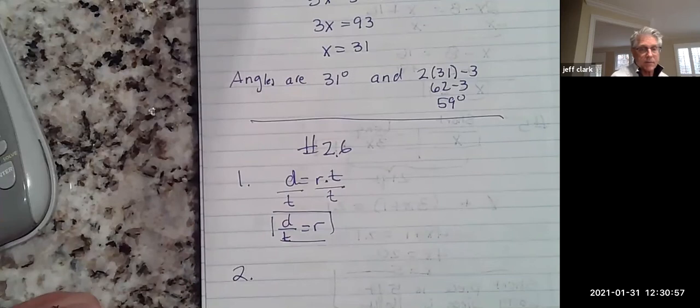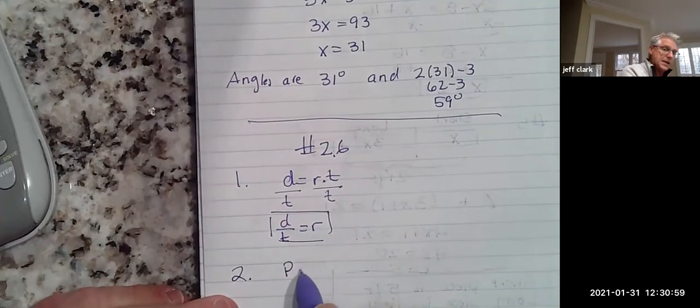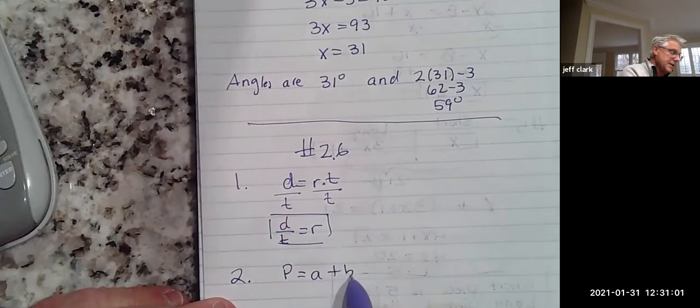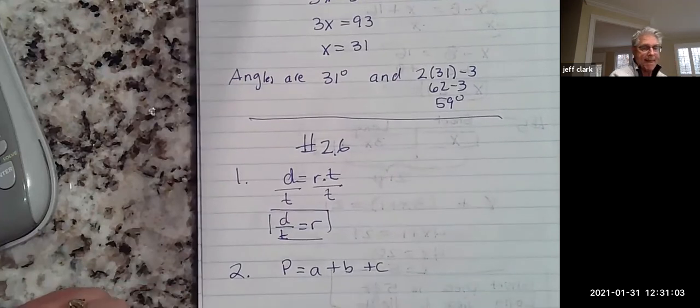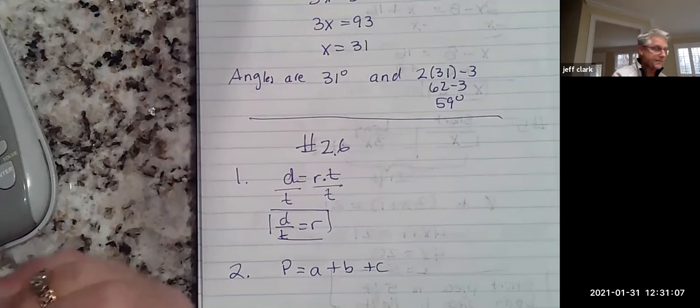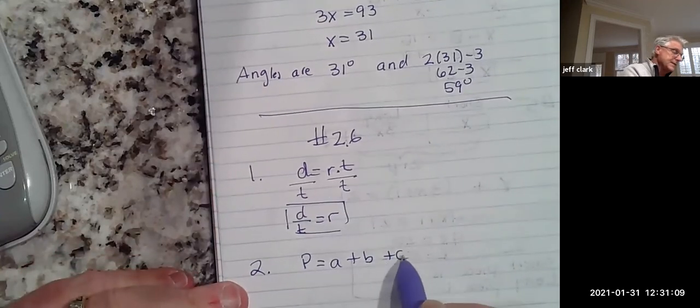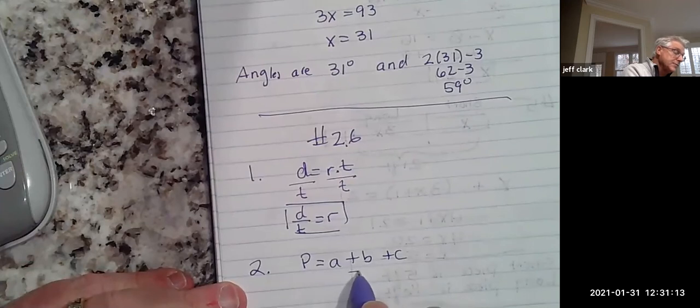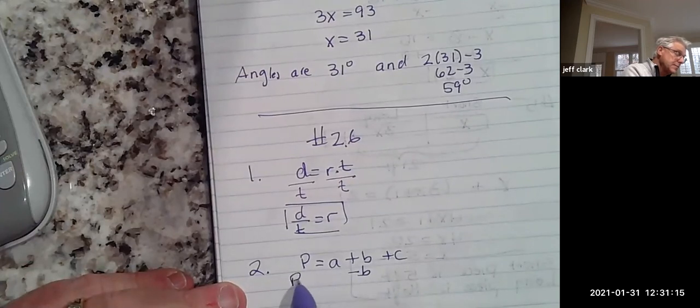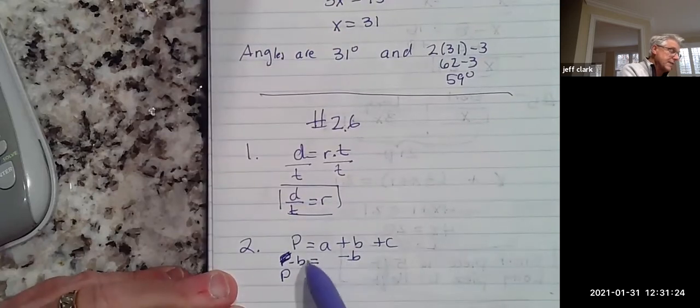Okay, in your packet, number 2. Number 2 has P equals A plus B plus C. And I'm asking you to solve for the letter C. So I want to get this by itself. So these two need to move over. You move B over by subtracting B. So subtract B from both sides.